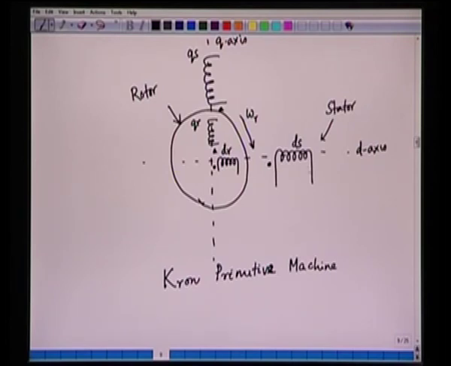I have one stator and one rotor in the D axis, one stator and one rotor in the Q axis, and the D axis is coupled with the D axis, and this D axis is stationary, is fixed. The Q axis is also fixed. The Q axis stator is coupled with the Q axis rotor, and it is rotating in the clockwise direction. So we will be discussing the remaining part in the next lecture.